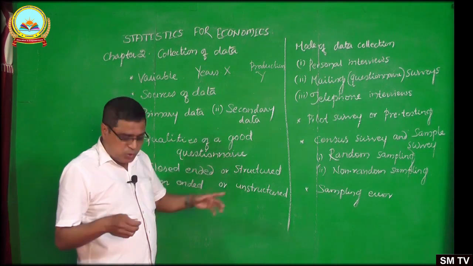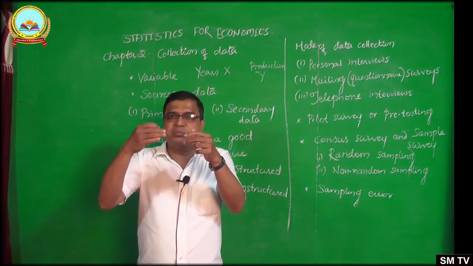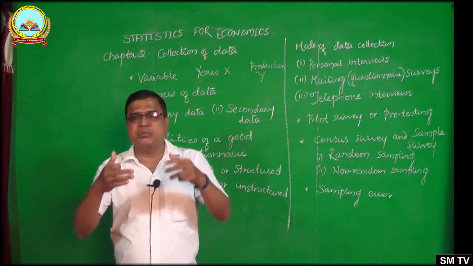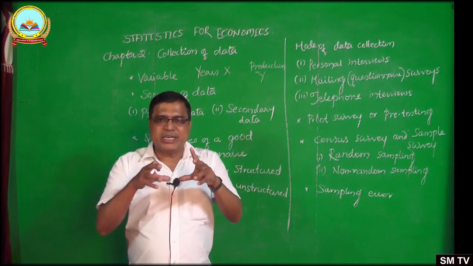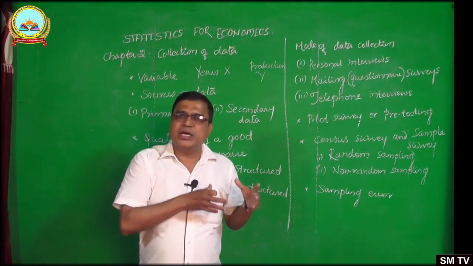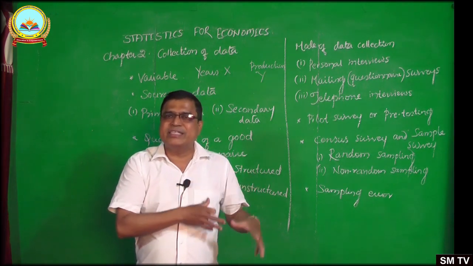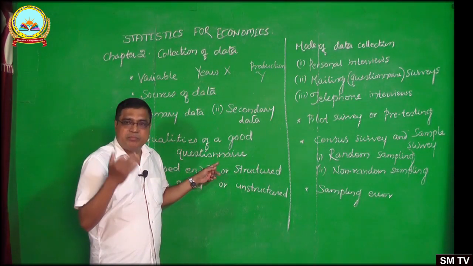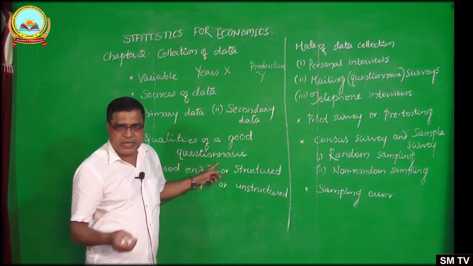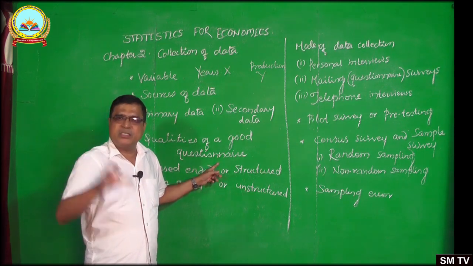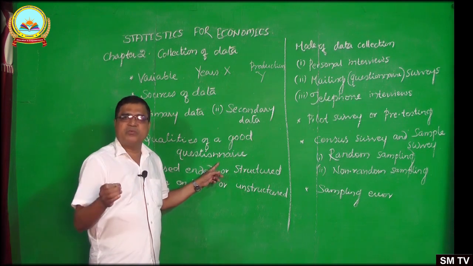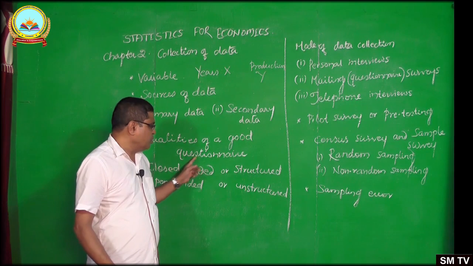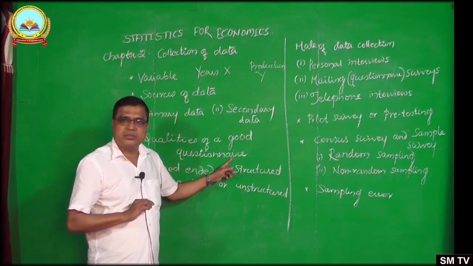And that questionnaire has to be framed, or constructed, by the enumerators or by that agency. Now the questionnaire is the backbone. It is the most important device for the success of any survey, for the success of any inquiry. For that, the questionnaire is extremely important.